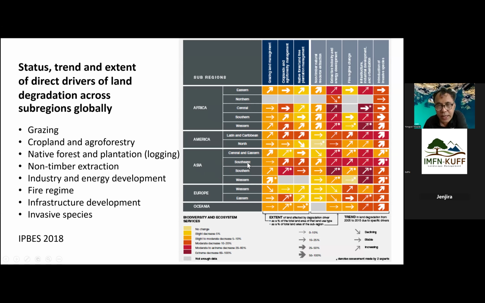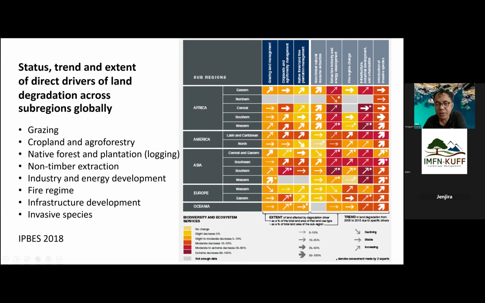So if we see the example in Asia, particularly in Southeast Asia, we still have grazing, but not intensive. But agriculture production is the main driver or the main factor, including logging, concession, energy development, and forest fire, and the industrial development and invasive species.